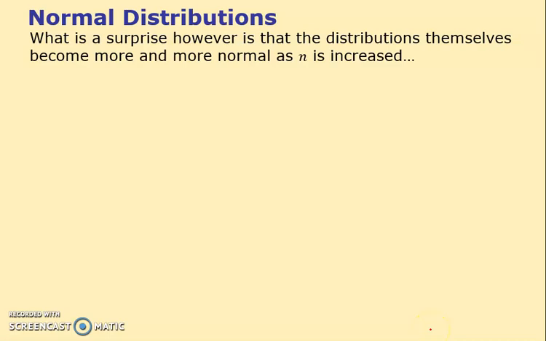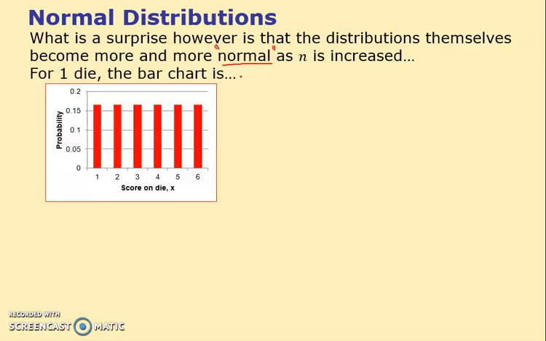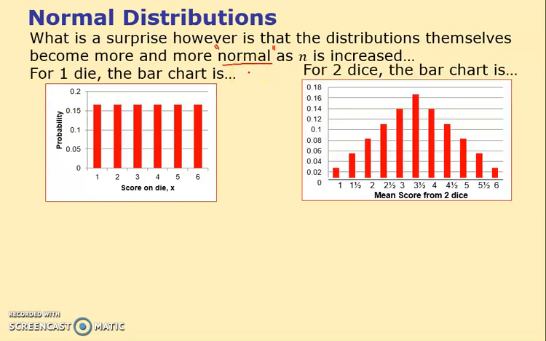Now the thing that I notice most about this, the biggest surprise, is this idea that these things become more and more normal. Now it says here that these distributions become more and more normal, and this is definitely not used in an English sense of, you know, it's just normal. This is very much a mathematical word. It's becoming more and more normally distributed. So this is what we had for 1 die. This is what we had for 2 dice.